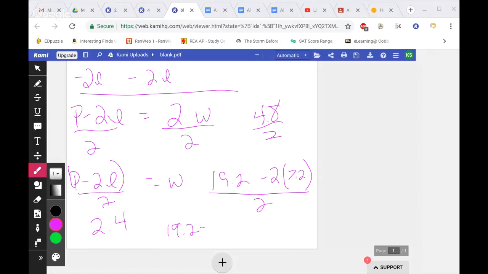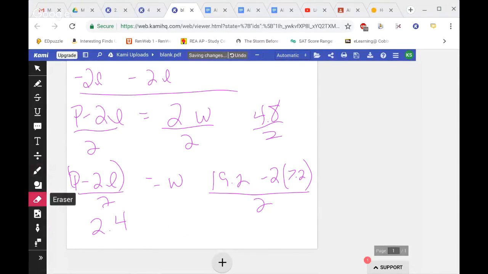Miss Sparks, can you do number 1? Absolutely. I'm trying to open my book so that I can have it on the screen. Oh, do you need help with that? I'll show you.